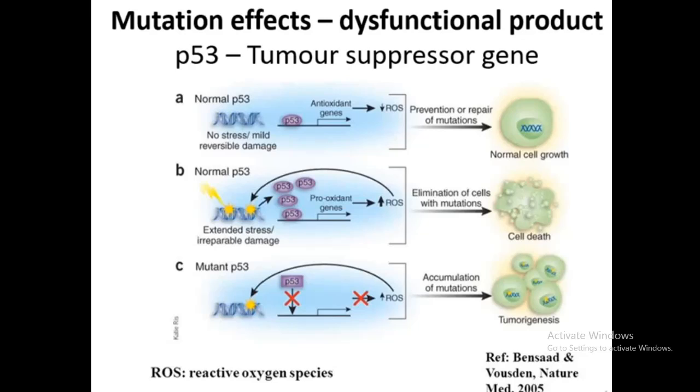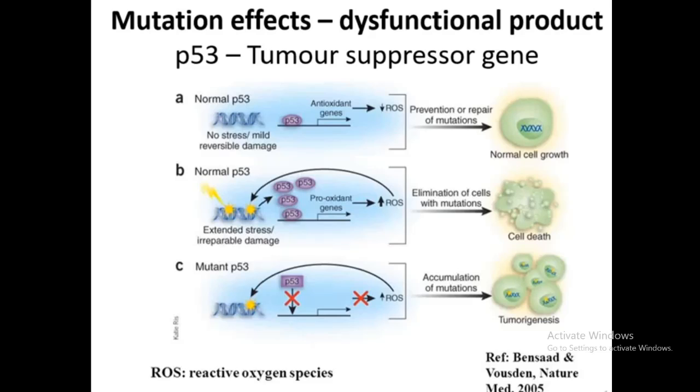Now, in normally expressed and functional P53, what will happen is if you have no or mild stress, the cell might encounter very minor damage, and what P53 will do is upregulate antioxidant genes to ensure that reactive oxygen species are nullified and that DNA is repaired, hence preventing the accumulation of mutations.